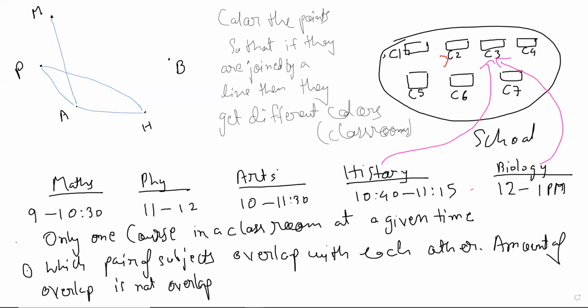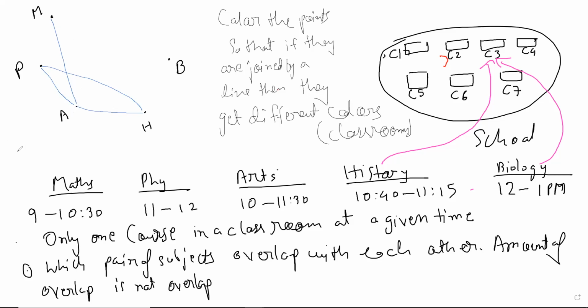So I have these subjects which are my points. Whenever two of them intersect, I've joined them by a line, which means that I need to give them different classrooms or different colors. So now the problem is just coloring this graph. So what is the problem now? We have these 5 points and we want to color them, give colors to them so that, in the good old way, if 2 points are joined by a line, then we give them different colors.